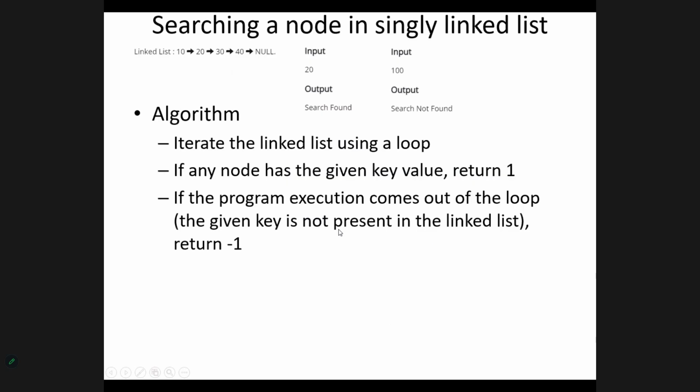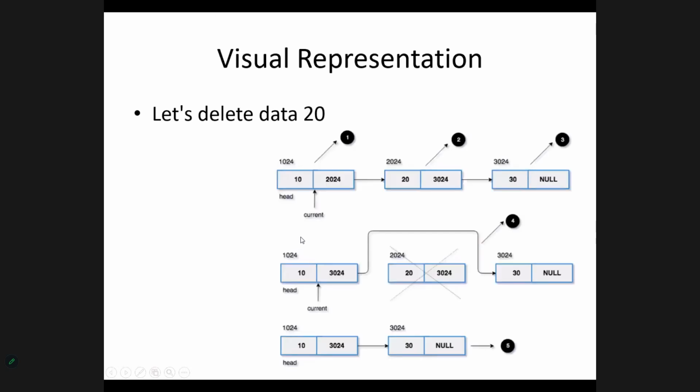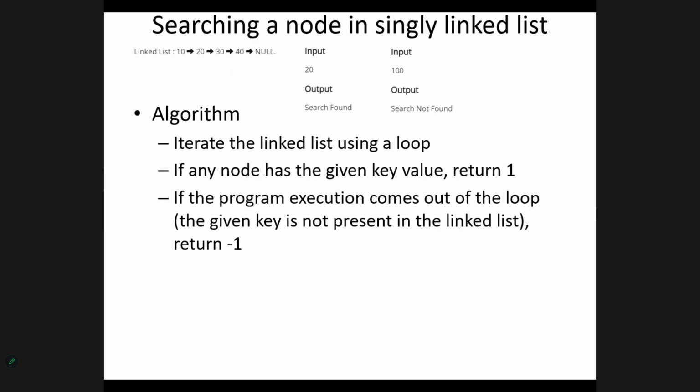The next operation is searching a node in a single linked list, searching for an item. I think we learned how to search with the deletion, because in the deletion we need to search first. So we already learned it, but searching is another operation in the linked list.